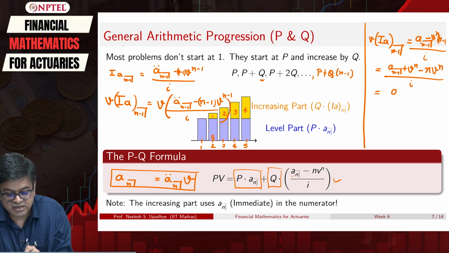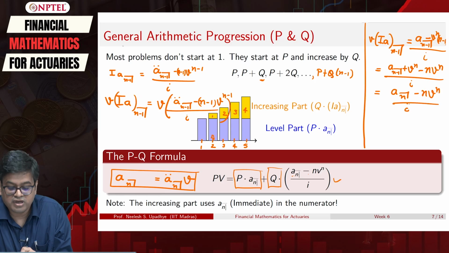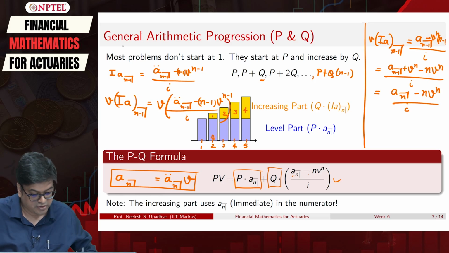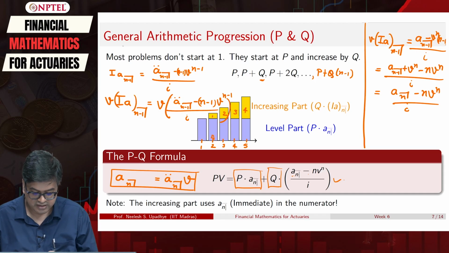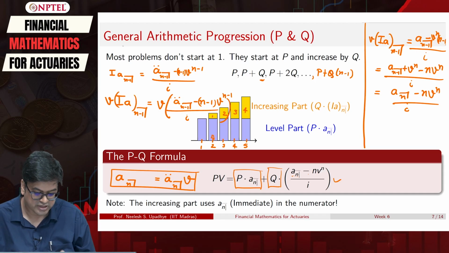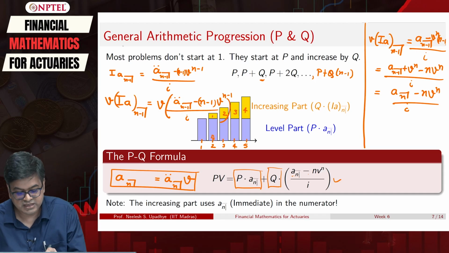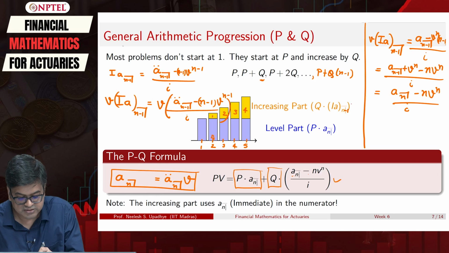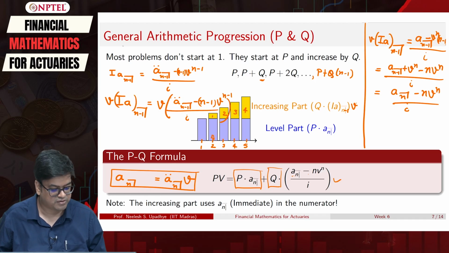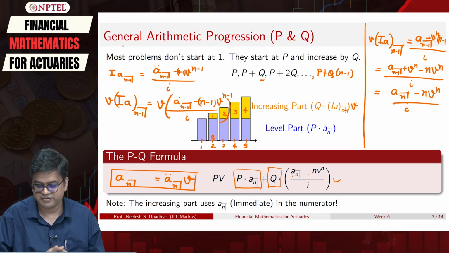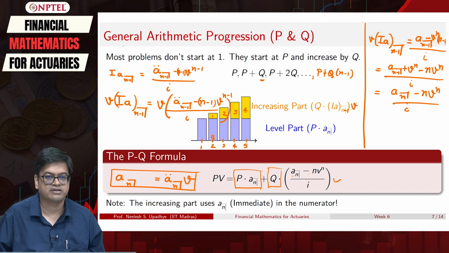It is nothing but a angle n minus n v raised to n, upon i. Okay. So, that actually gives me a clear cut hint that this formula should be there. Okay. So, it is basically (Ia) n minus 1 times v. So, that is my increasing part. So, we have derived this formula with a little bit of trouble, but we have derived it cleanly.